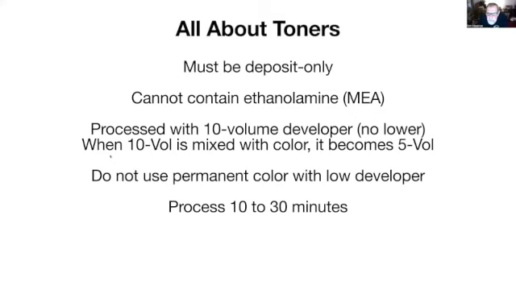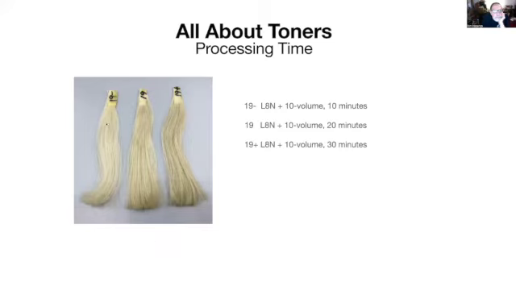And then you'll notice that I said you process anywhere from 10 to 30 minutes. There's a reason for this, and I'm going to show you in the next slide. Look at this. This is an 8N, a liquid 8N, and this is it processed for 10 minutes. This is it processed for 20 minutes, and this is it processed for 30 minutes.